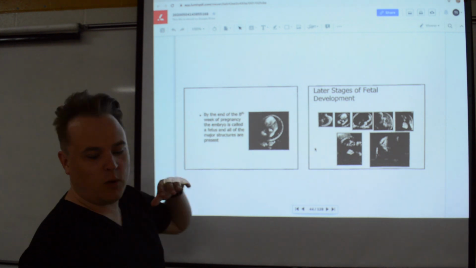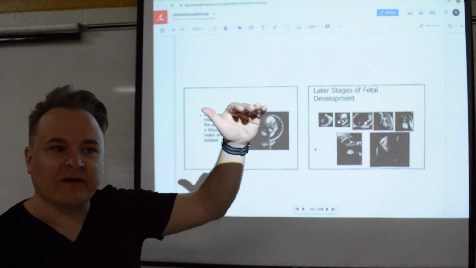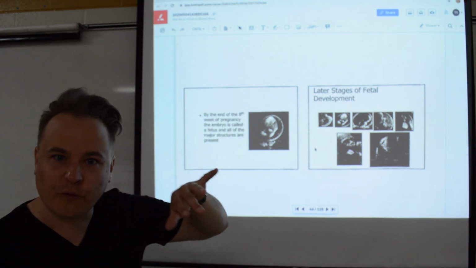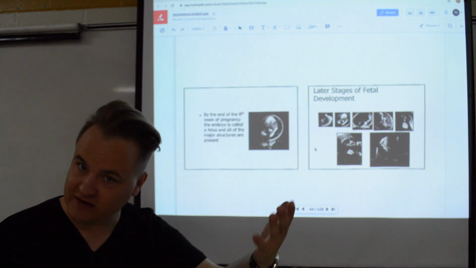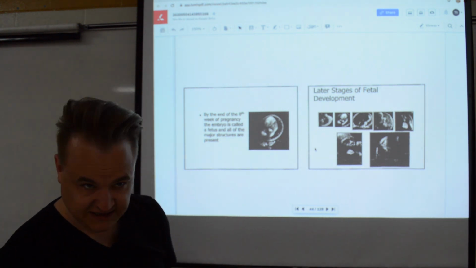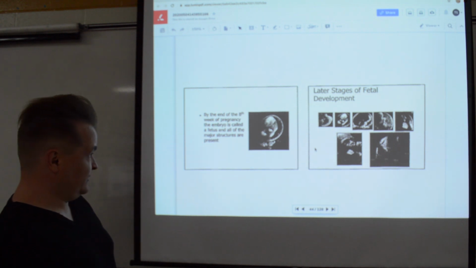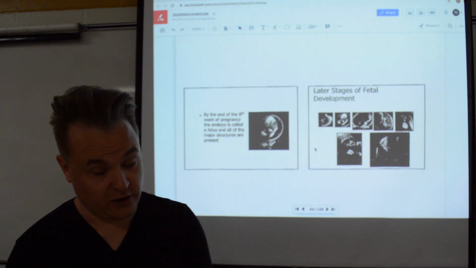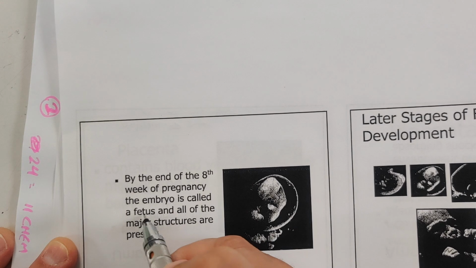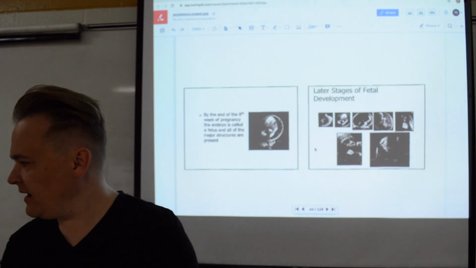So this is what we're going to study in the next assignment coming up as well: week 1, what develops, week 2, what develops, week 3, 4, 8, 10, 12, etc. That's what you need to know. You need to know the main things that happen at each stage. So by the end of the 8th week of pregnancy, the embryo is called a fetus. You should know that already. 8 equals a fetus. And then you can see it growing.